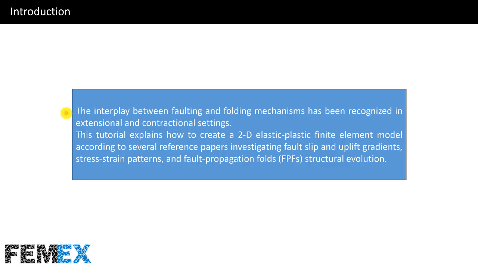This tutorial explains how to create a 2D elastic plastic finite element model according to several reference papers investigating fault slip and uplift gradients, strain patterns, and fault propagation fold structural evolution.